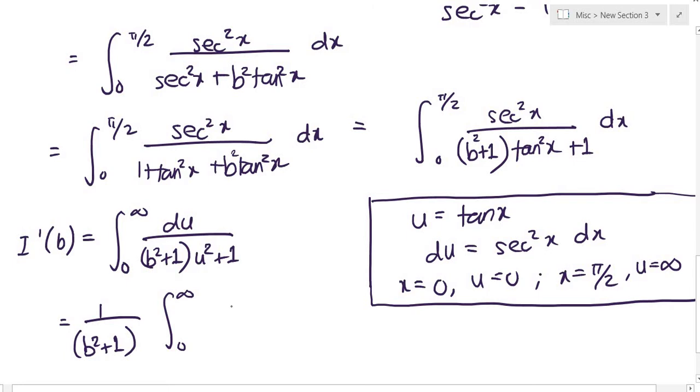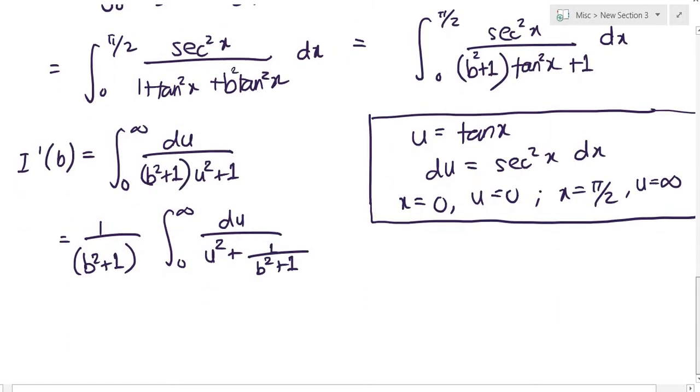The integral from 0 to infinity of du over u squared plus 1 over b squared plus 1, because there wasn't a b squared plus 1 term here. Since we factorized b squared plus 1, we need to maintain equality by dividing 1 by b squared plus 1.